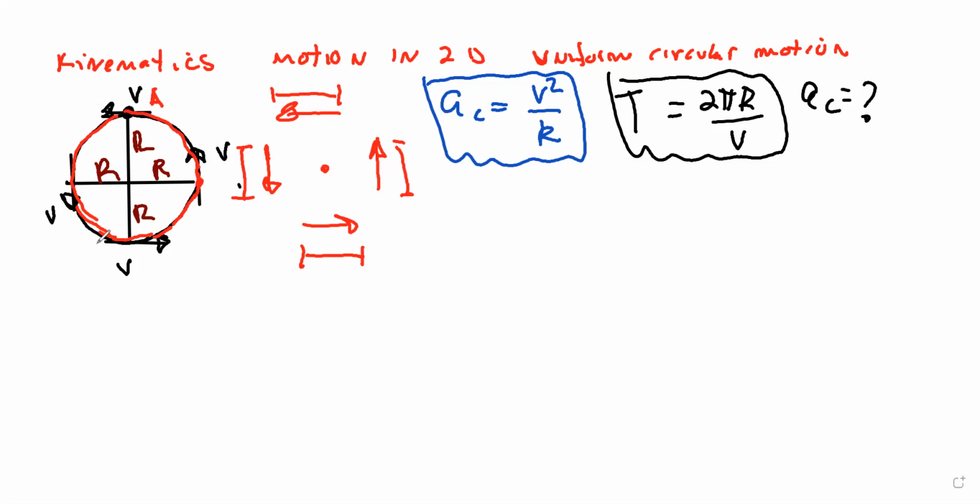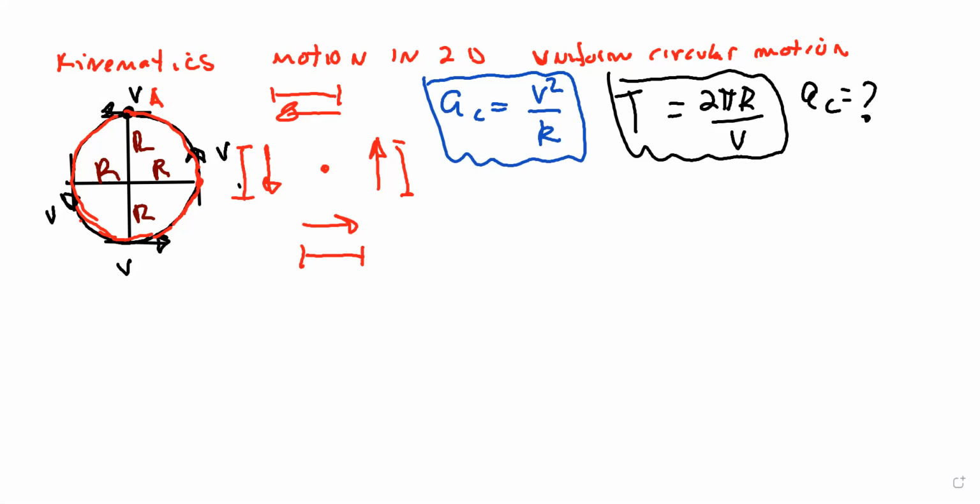If it takes you 2 seconds, that's your period. If it takes you 5 seconds, that's your period. So it's the time it takes for a full trip all around once, and you measure that time in seconds.